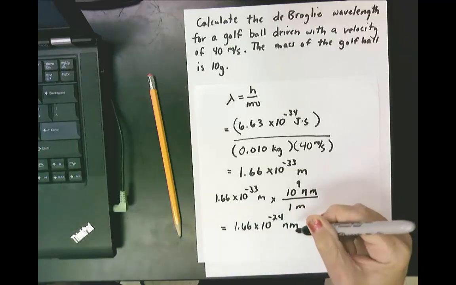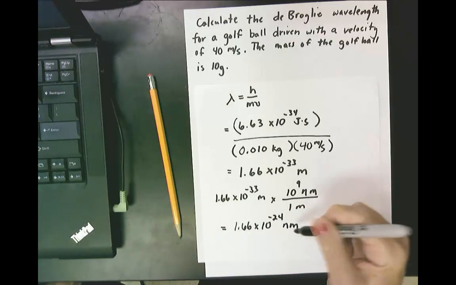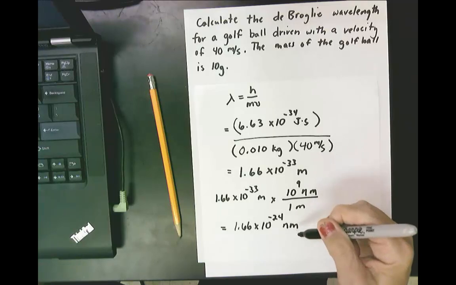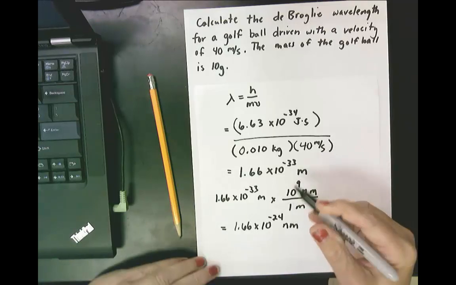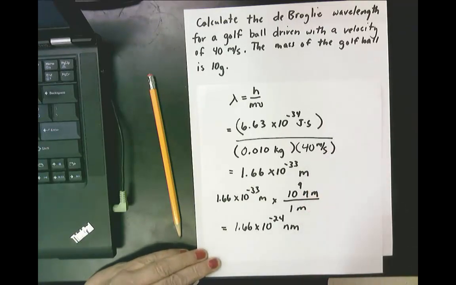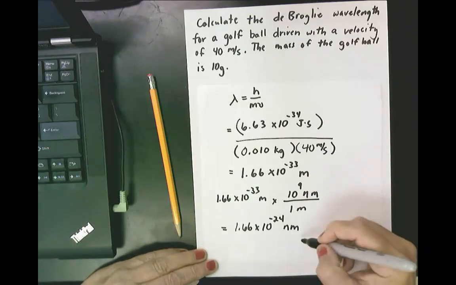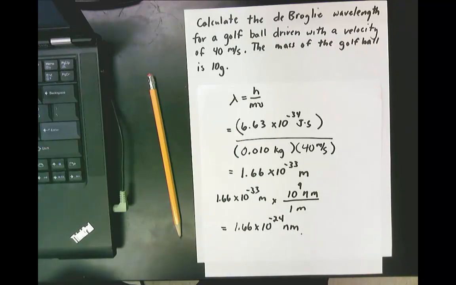Okay, look at that number. It is so insignificant that we can't even detect a wave that small. So that's why we don't worry about wave properties for large objects, because you can't detect them. Okay, so there's our de Broglie wavelength type problem.